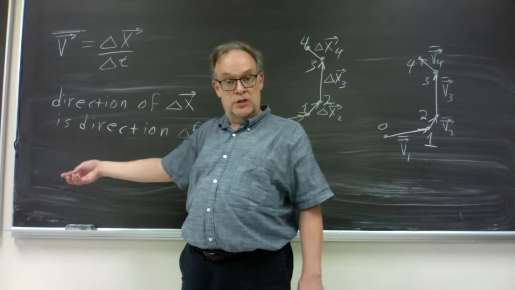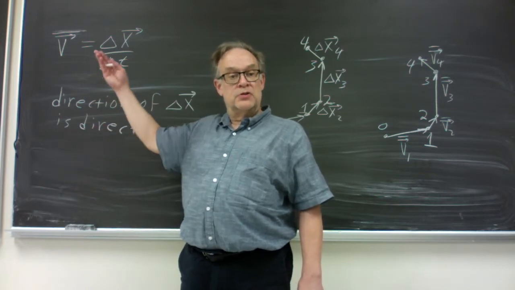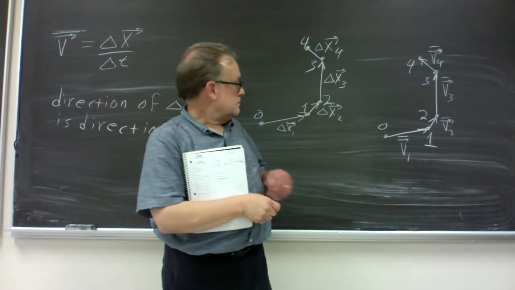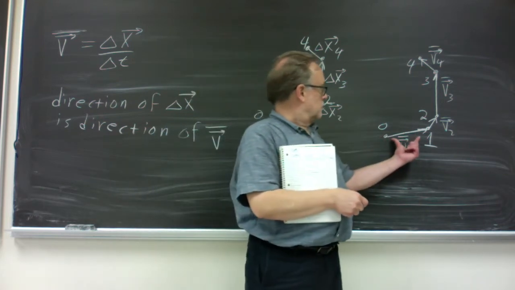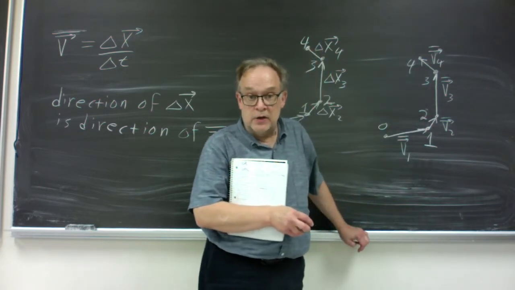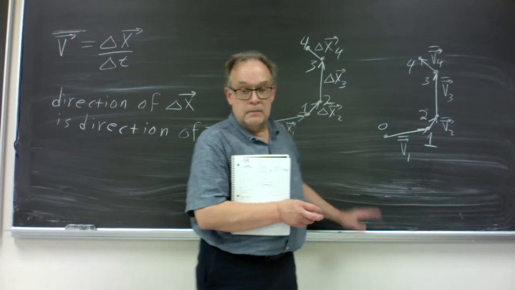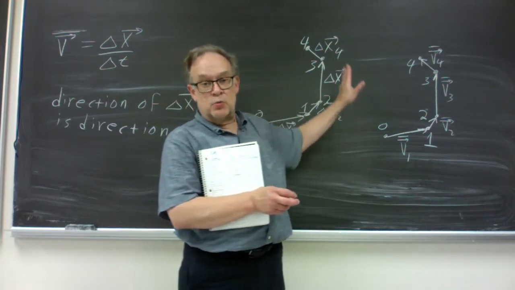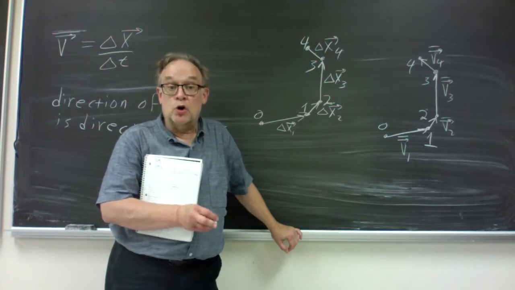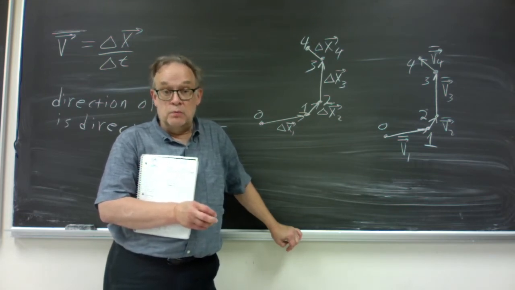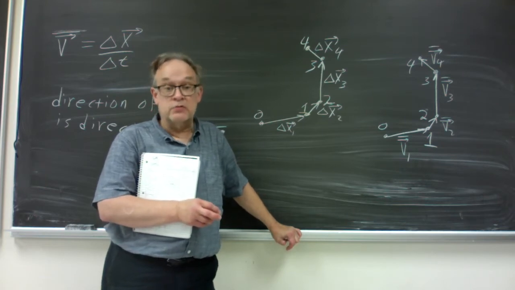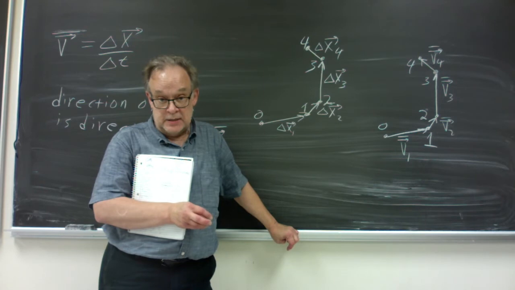The smaller displacements will correspond to the smaller velocities, so that the relative lengths of these average velocity vectors, since they're the same as the relative lengths of the displacement vectors, will correctly show you the relative sizes of the average velocities, the relative magnitudes of the average velocities.